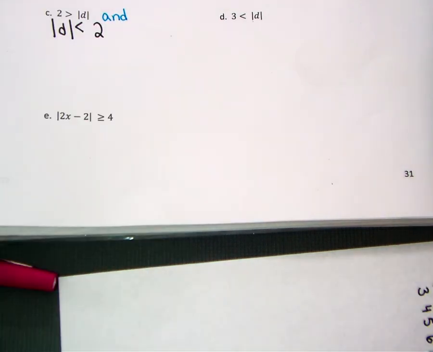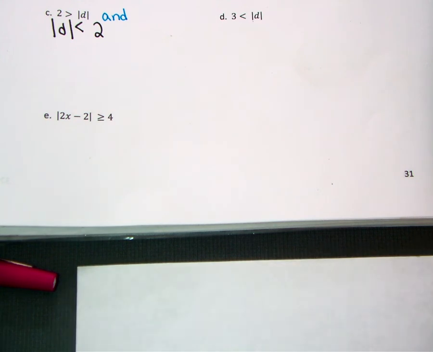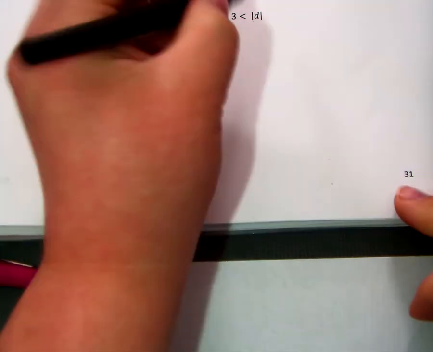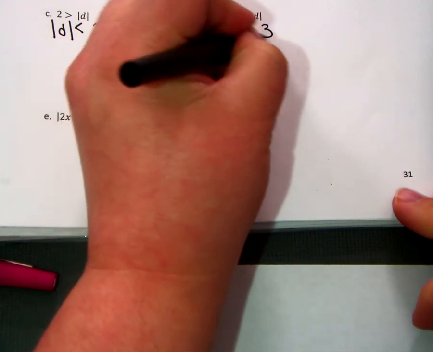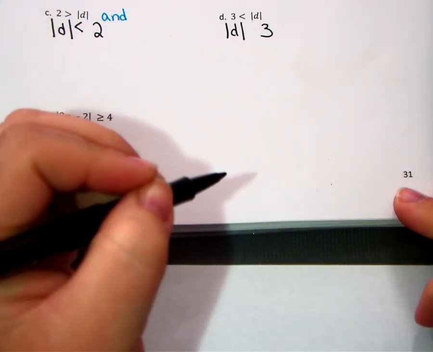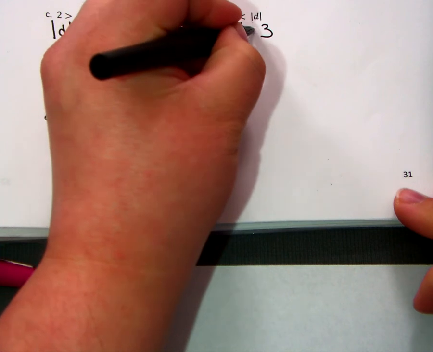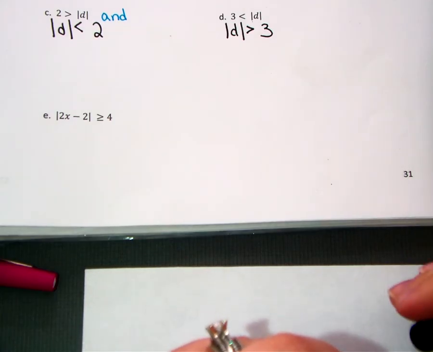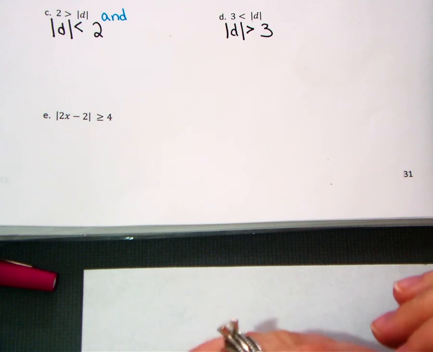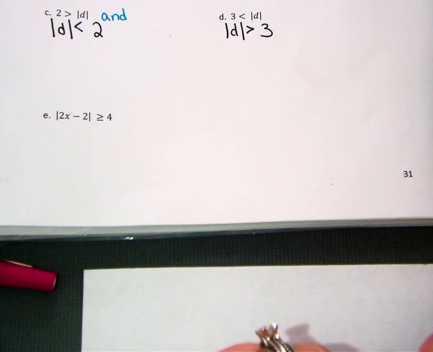Look at D. We're in the same situation. We need to put the absolute value sign on the left. This time it's opening towards the absolute value sign. So I have a greater than problem. Absolute value of D is greater than 3.